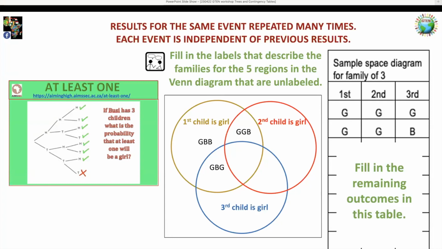Okay. And the gold color is where the first child is a girl. So where those 2 intersect, but where the third child is not a girl, so outside the blue ring, you've got girl, girl, boy. Okay, so we have labeled 3 of those regions for you, and there are 5 that are not labeled. So can you label those?